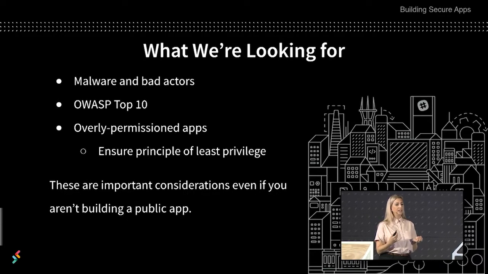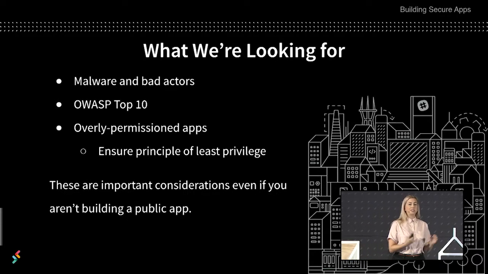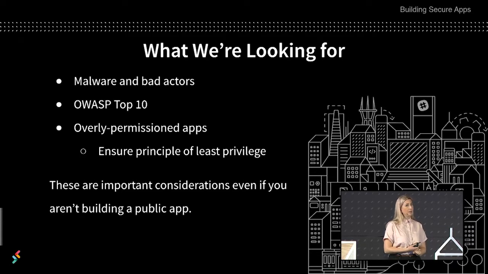So what we're looking for, first and foremost, is this a malicious app? Is someone trying to introduce malware into your Slack platform? Second, we look for the OWASP top 10, so the most common security vulnerabilities that app developers introduce. Third, we're looking for overly permissioned apps, again, ensuring that principle of least privilege.